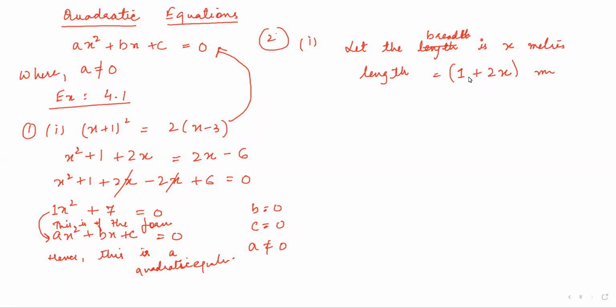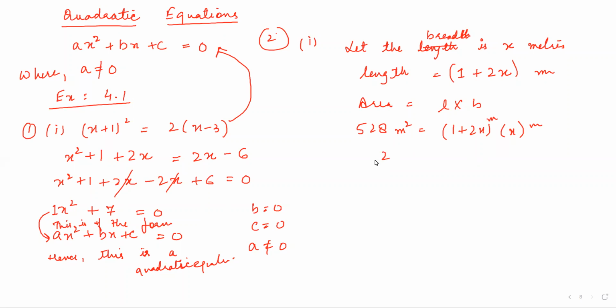No, ma'am. So 1 more than twice its breadth, so that's the length. Now area is given. So what is the formula? Area is length into breadth of a rectangular plot. The area is already given, which is 528 meters square. And this is your (1 plus 2x) into x. So meter from both sides will get cancelled out, so only numbers will remain.